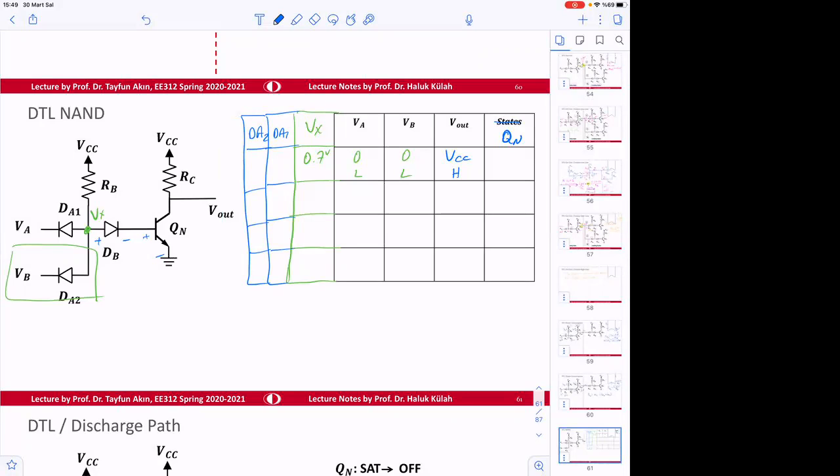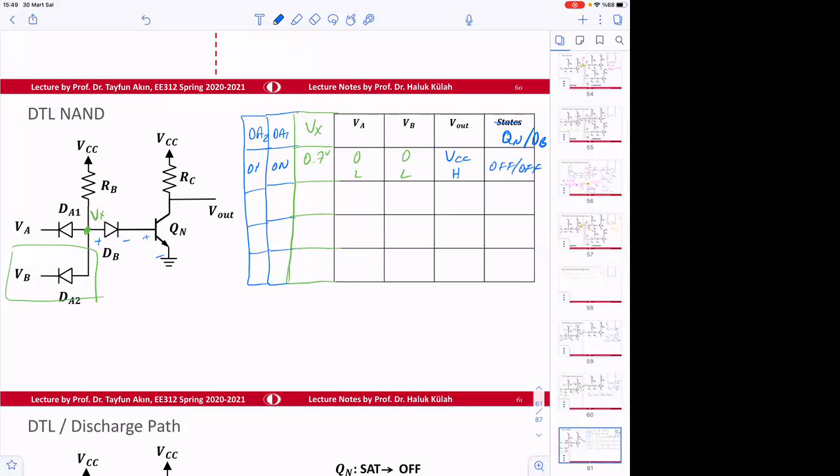Maybe I should do Qn and DB, because they go in parallel. So for the first case, both of them are on. This is on, this is on. And then Vout is this. Why? Because Qn and DB are both off.